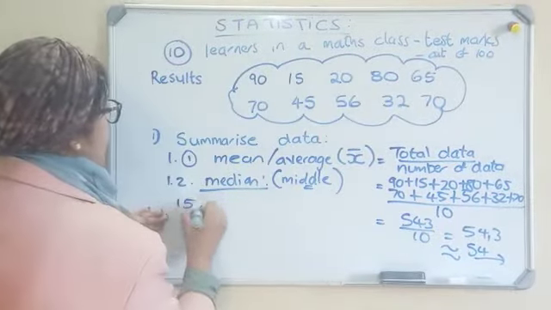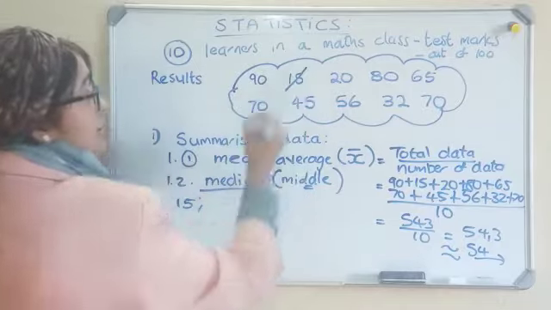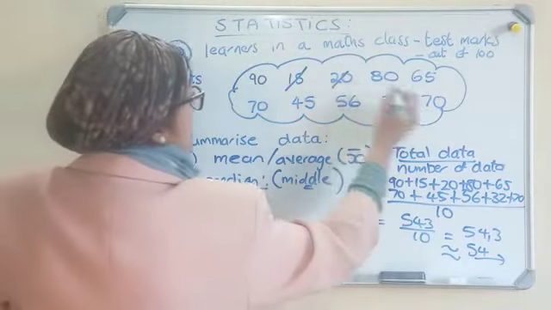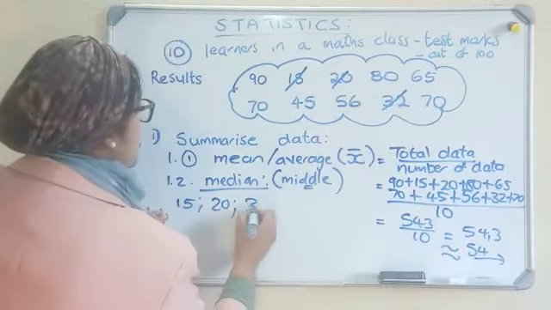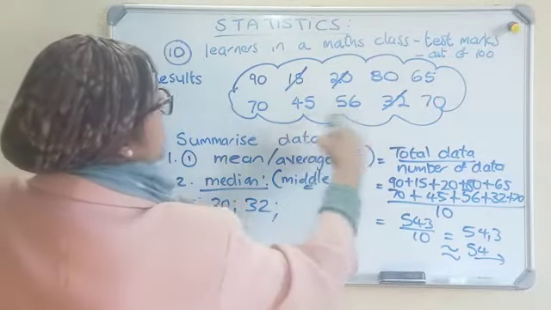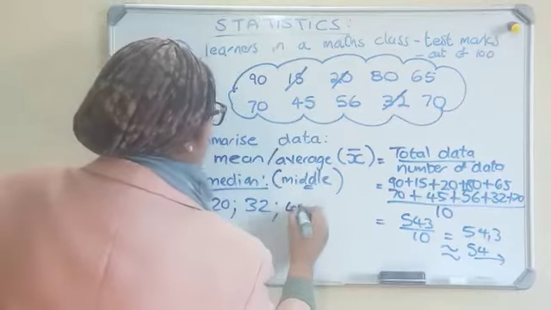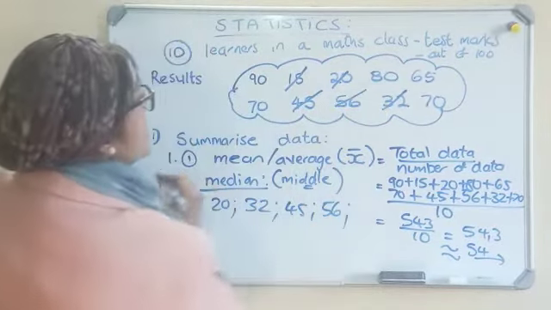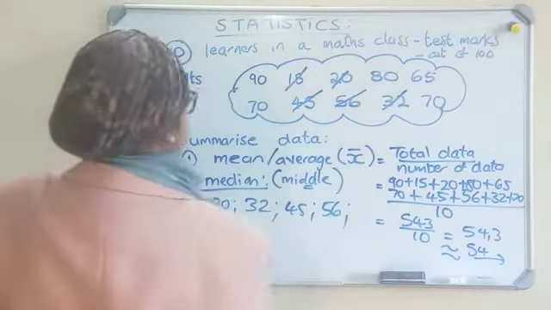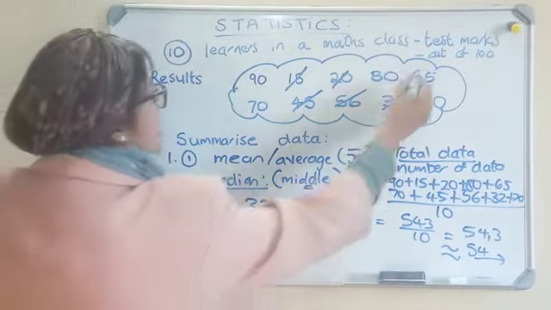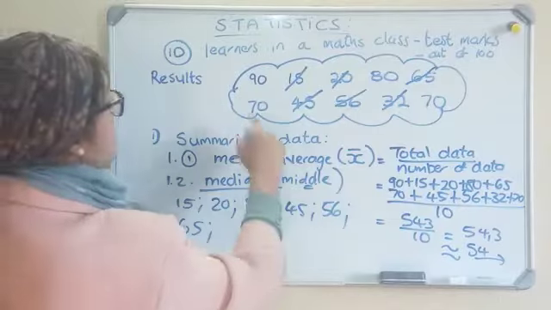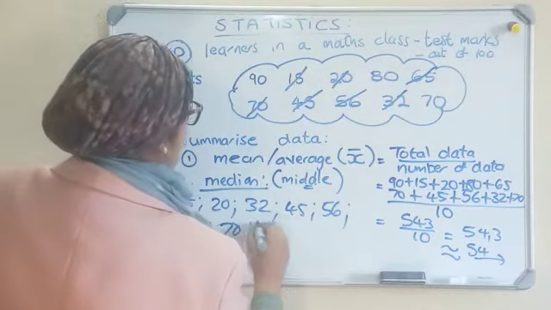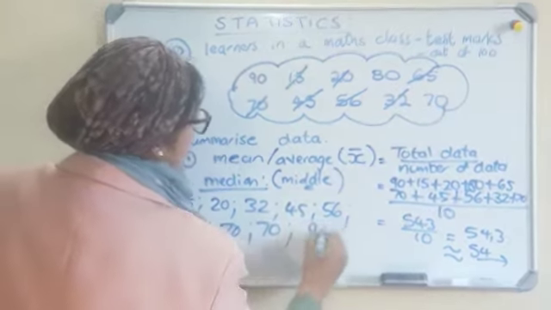So 15, and as I'm going to strike out. So 15, then I've got 20, then I've got 32, and after 32 I've got 45, then I've got 56, then I've got 65, and yeah, I'm arranging it, 65, 70, and then a 70 again, and then 90.